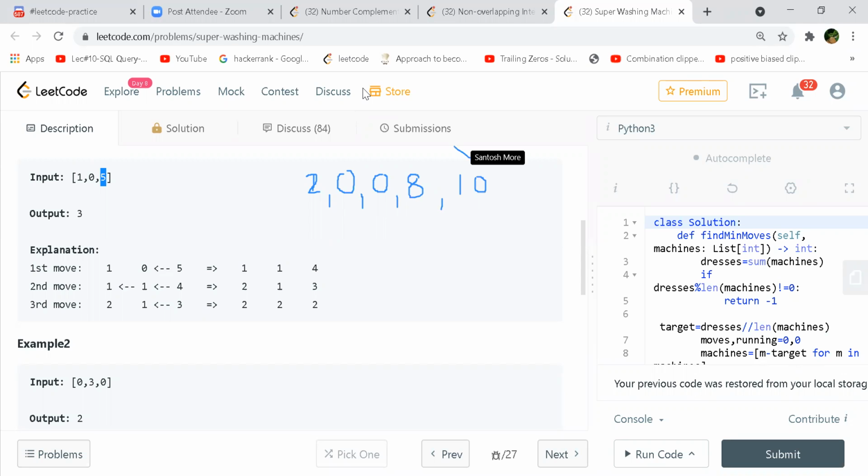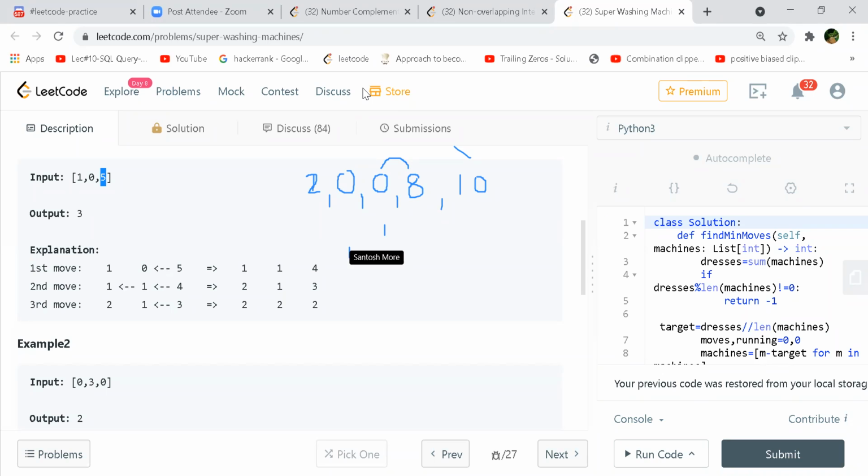We take one from the first one like this, right? If I take one from here, this will be one move. And then again I can push one from here for the next move, so it will be 1 1.